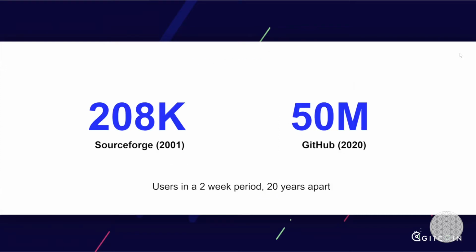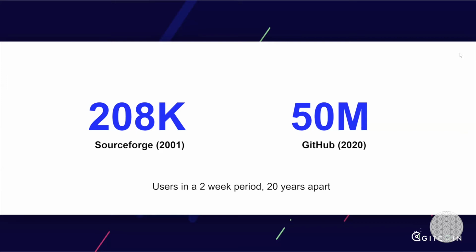And it's particularly important when we look at the numbers, especially relative to, say, 2001. SourceForge had about 208,000 bi-weekly users, people downloading software on SourceForge, if anyone remembers that. And now there's about 50 million users on GitHub.